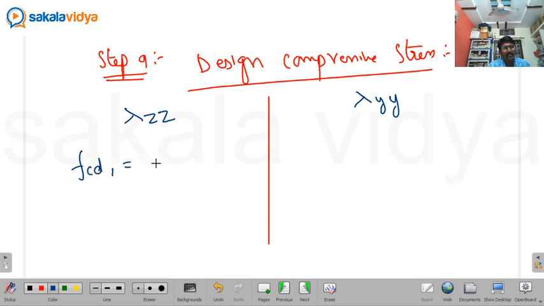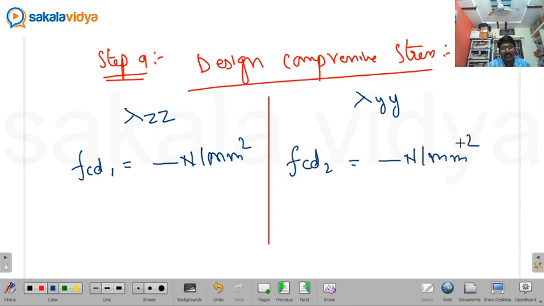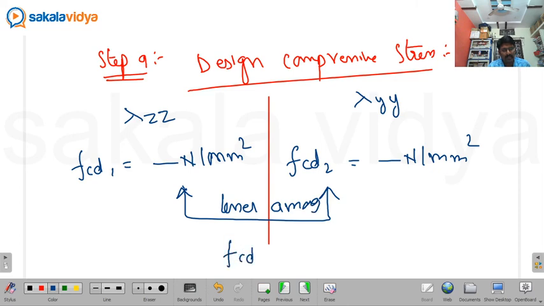FCD1 whose units are Newton per mm square and the second one FCD2 whose units are Newton per mm square. Whichever is lesser among these two, that will be our design compressive stress, Newton per mm square.